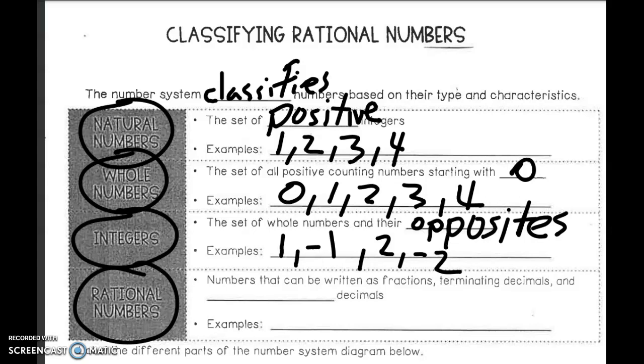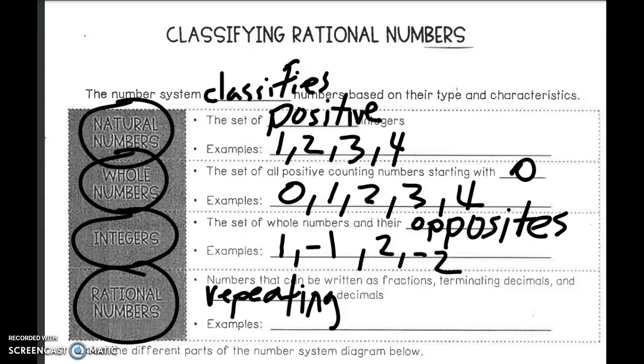Now, rational numbers we already talked about. It's any number that can be written as a fraction. All right. So there's also two types of decimals that we know can be written as fractions, and that's why we include them as rational numbers, and that's terminating and repeating decimals. We already talked about both of those. So if it's terminating or repeating, then it is a rational number.